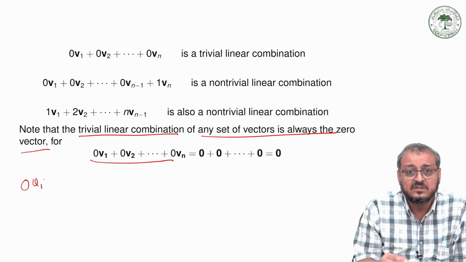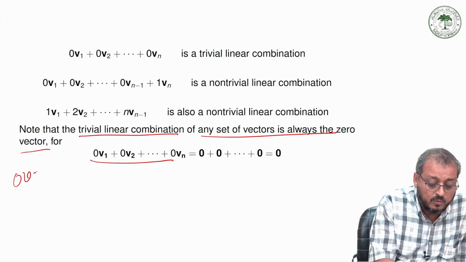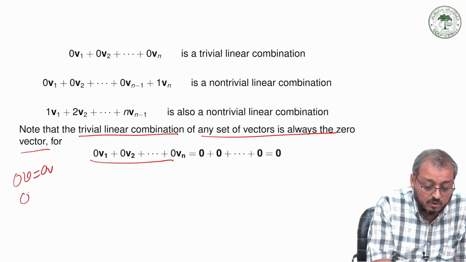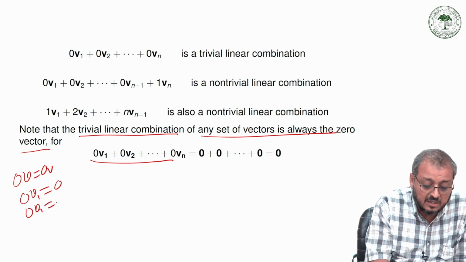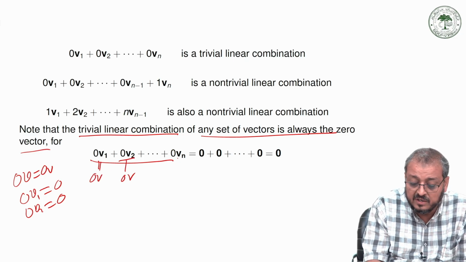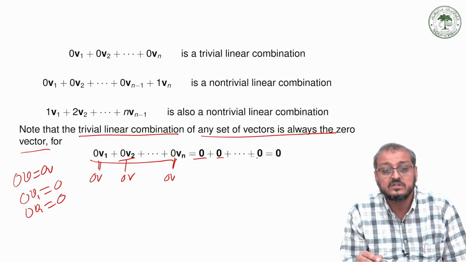We know the property of a vector space: 0 into V is equal to the zero vector. So 0 of V1 is the additive identity, similarly 0 of V2 is also the additive identity, and so on.